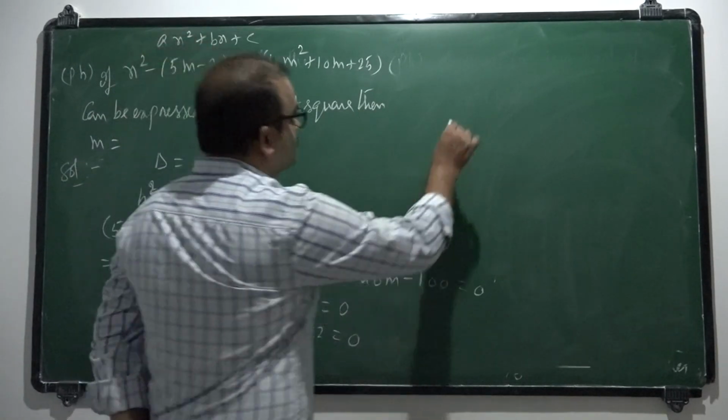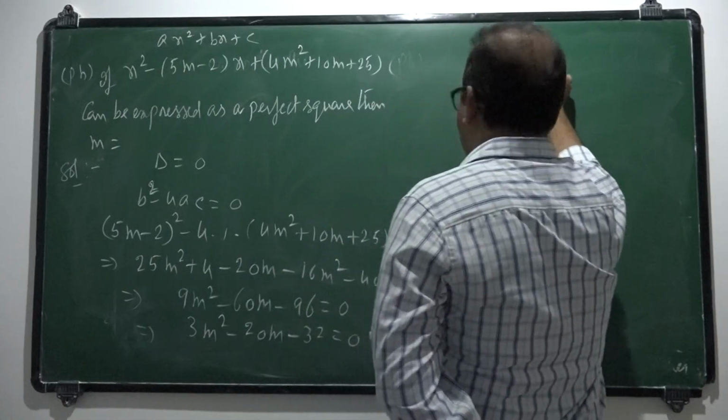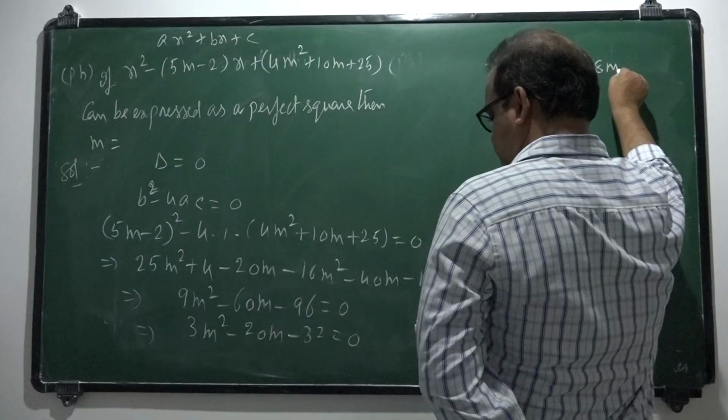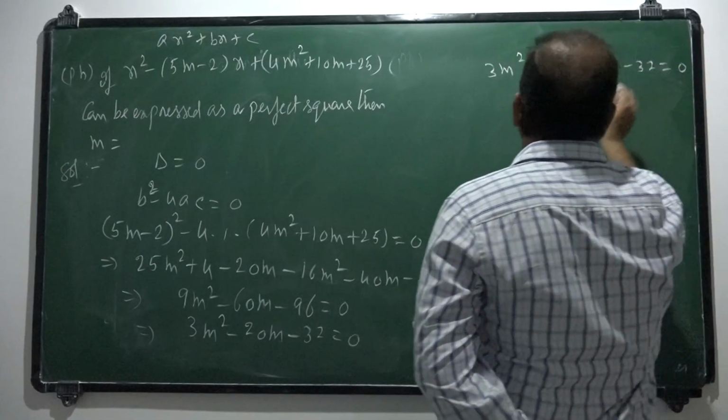So that is 3m square minus 12m minus 8m minus 32 is equal to 0.